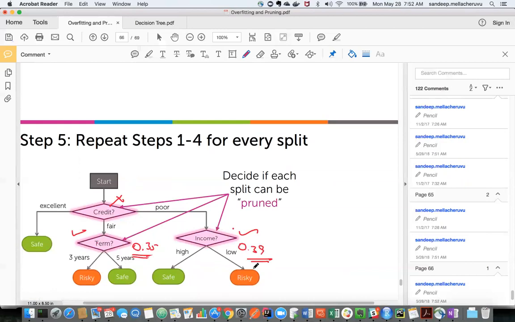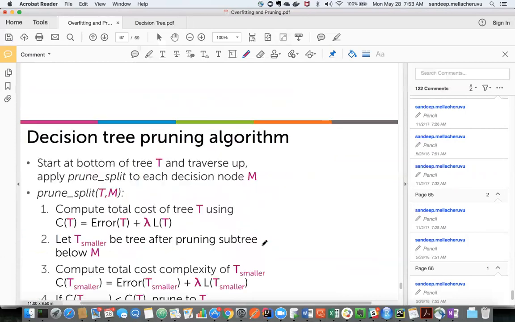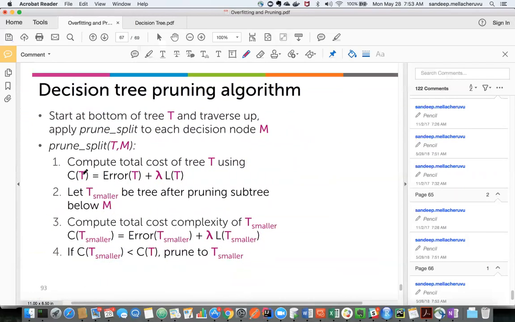So I have to choose the term. Are you clear so far or not? I'm clear, Sandeep. Okay. Whichever is giving you the best cost, prune that branch first. Do not prune the one that is not giving you the best cost. So that is the algorithm here.